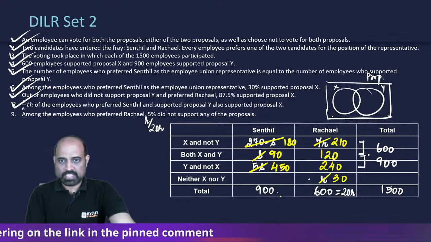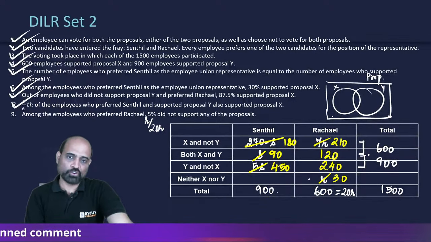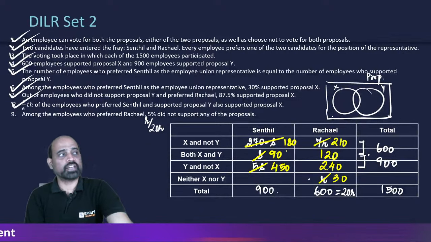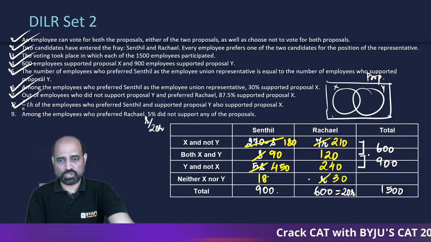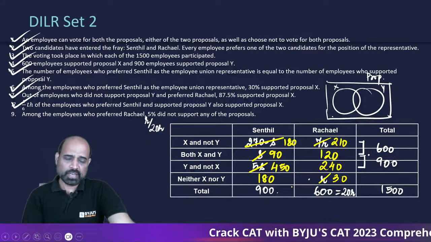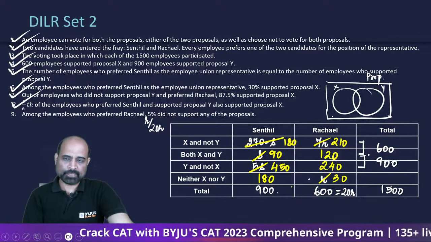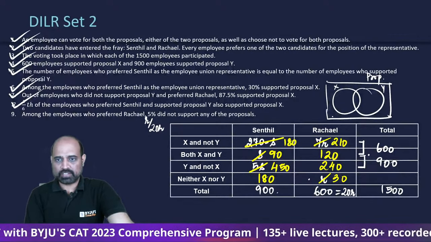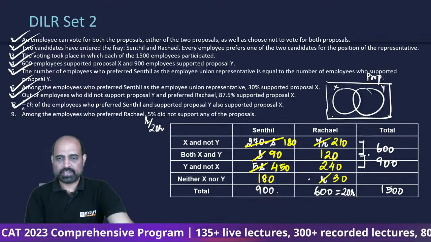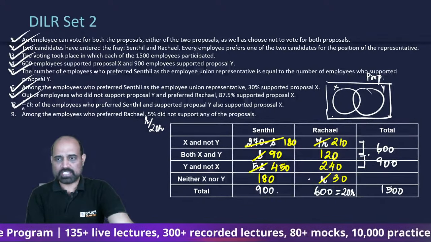Now, the sum of under Senthil should be 900. We have so far 450 plus 270, which is going to give us 720. So this should result in 180. एक बार वेरीफाई कर लेते हैं. 180 plus 210, 390 plus 90, 480 plus 120, 600.